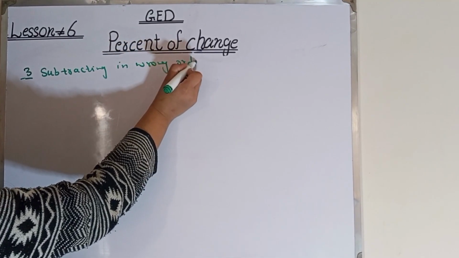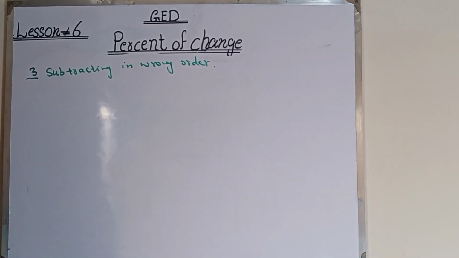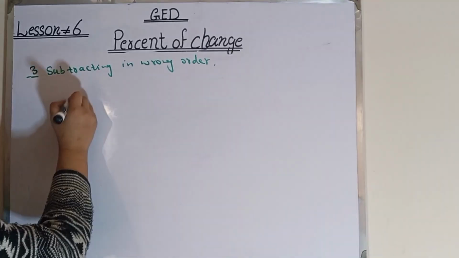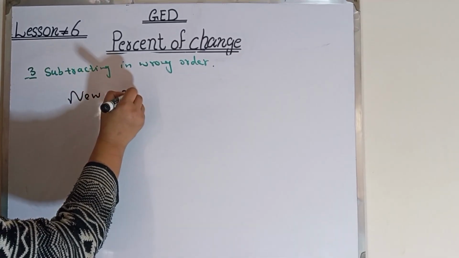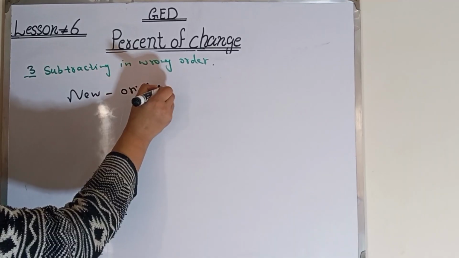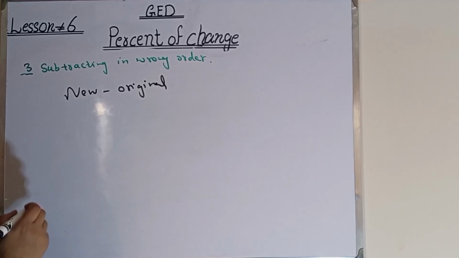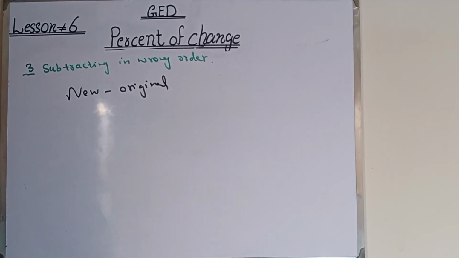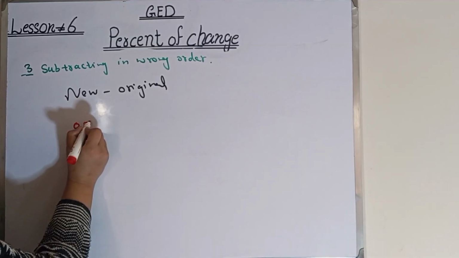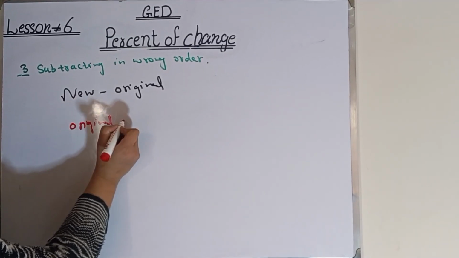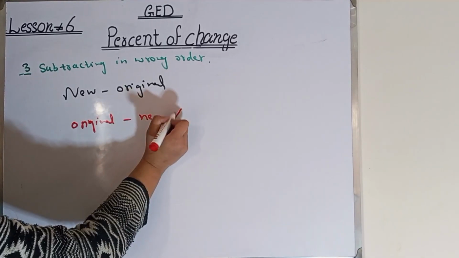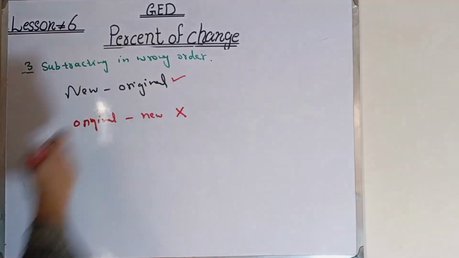New minus original is the accurate order. But what do students do? Students do original minus new. It's wrong. This is right.